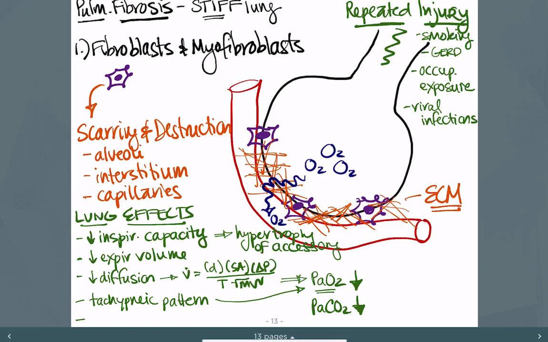Finally, we could add on here the results of their pulmonary function tests. FEV1 is the volume of air you can expire in the first second.